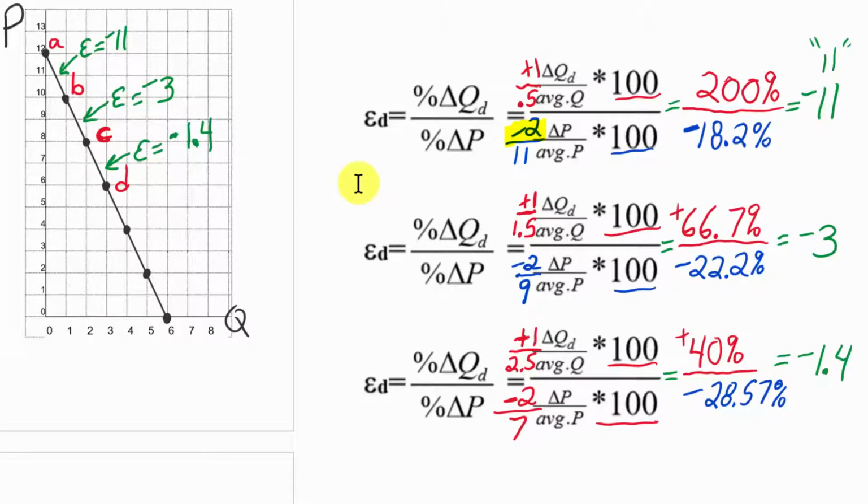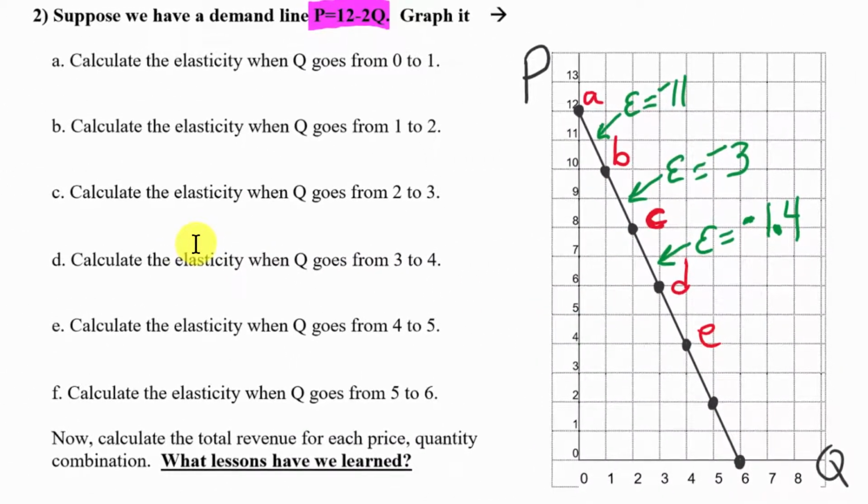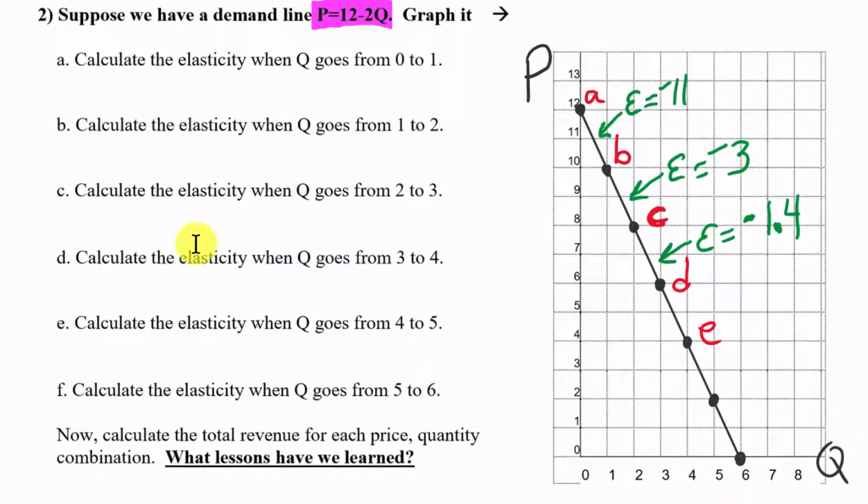Okay, again, please, if you want to have any hope of understanding how to do elasticities, press pause on the video right now. Get a sheet of paper and a calculator. And I want you to do these last sections here between D and E. Let's zoom in here so you can see what we're talking about. And if you don't have this handout, download it, print it out so that you can do this along with us.